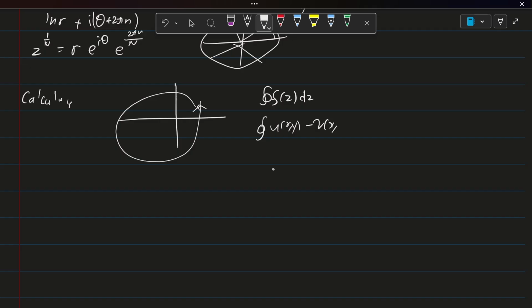So we'll just express f(z) in terms of u(x,y) plus i v(x,y), and dz is going to correspond to dx plus i dy.